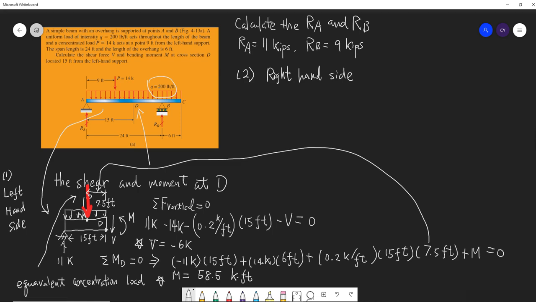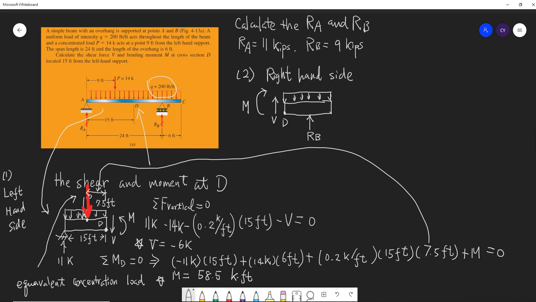When you calculate the right hand side, it looks like this. Also take a free body, and here we also have a distributed load, and this is the point D, and we also have the reaction at B. According to the positive definition, the positive shear is upward, and the positive moment is clockwise.